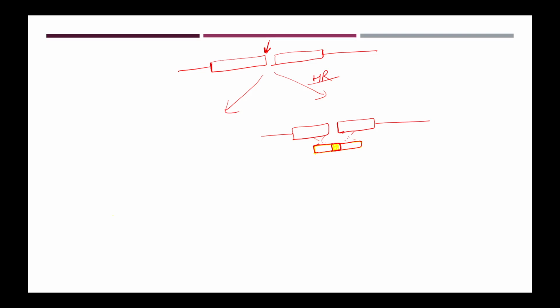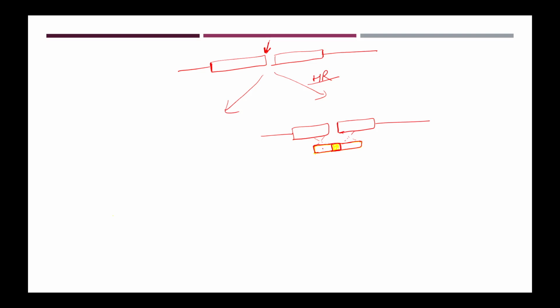Once the break is created and the homologous template is provided, the cell will shift to use HR as a more efficient machinery because it is much less error prone, highly specific, and will incorporate the correct copy. So when the homologous template is provided, the cell will use the homologous recombination machinery and use this template to repair this double strand break via the homologous recombination pathway.